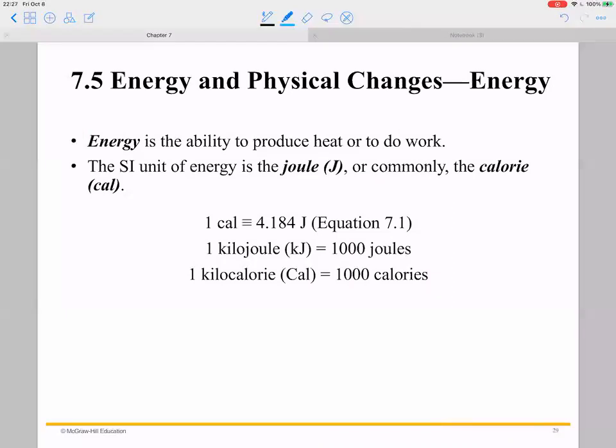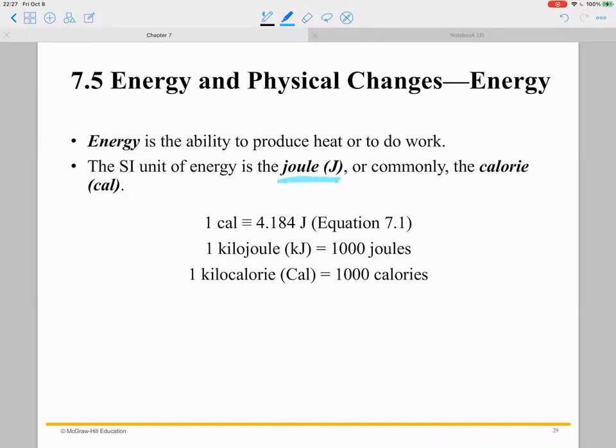And by work, we mean like the physics definition of work, where you're moving a certain mass over a certain distance. So these are two kind of very different manifestations of energy, but both of them are considered to be energy, and they're measured using the same units, which would be joules.